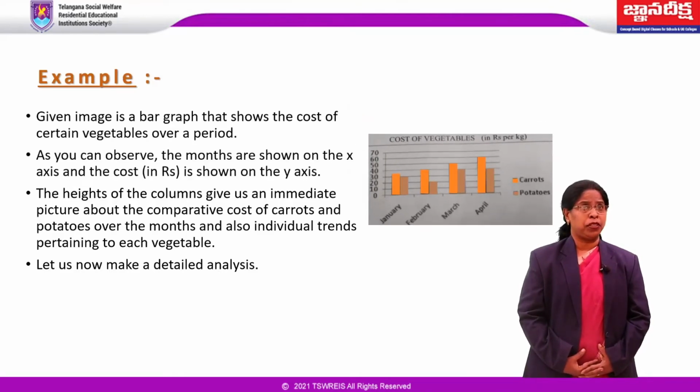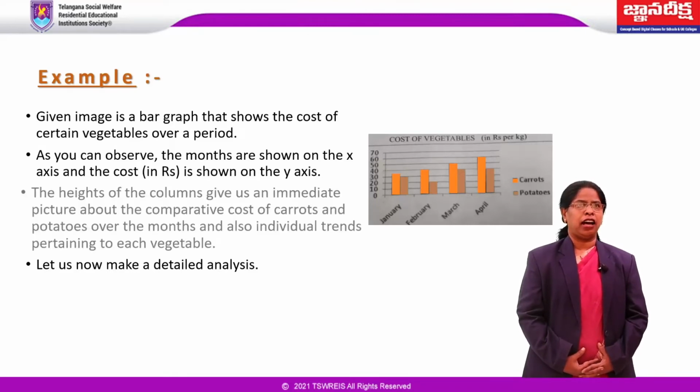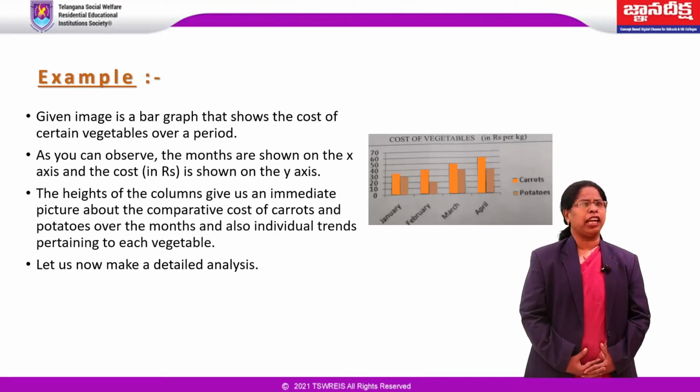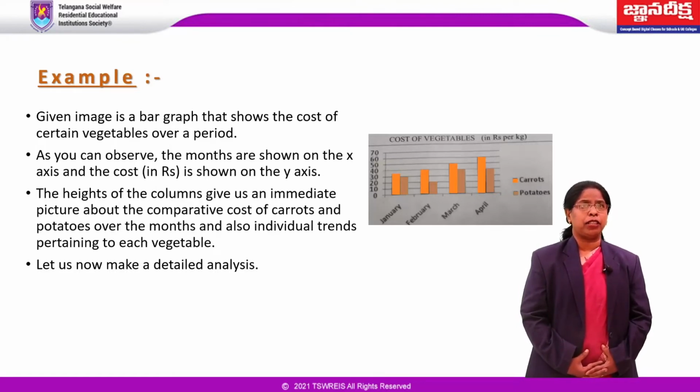As you can observe, the months are shown on the x-axis and the cost in rupees is shown on the y-axis. The heights of the columns give us an immediate picture about the comparative cost of carrots and potatoes over the months and also the trend pertaining to each vegetable.